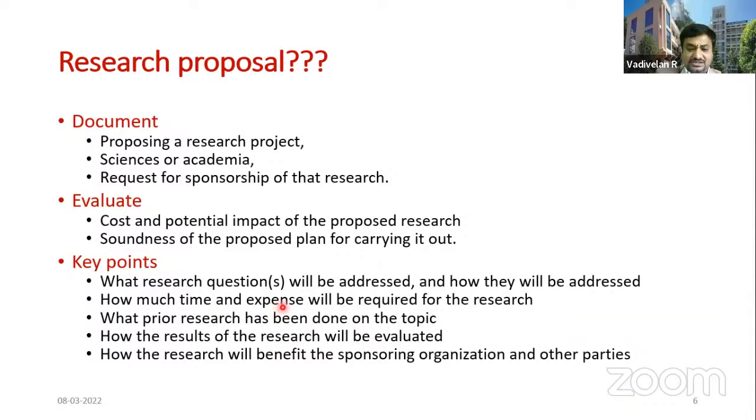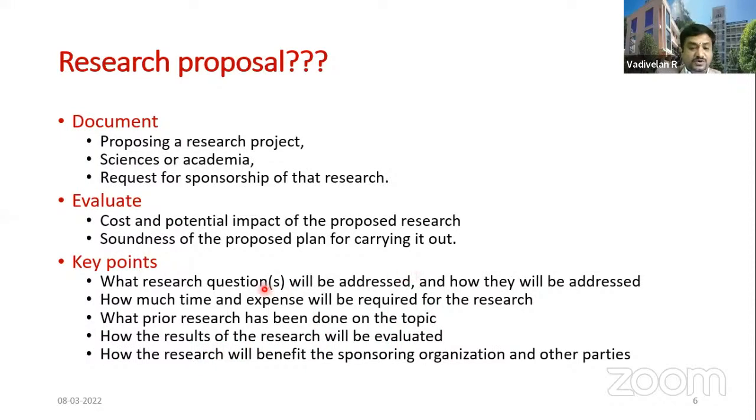The other important thing is the priority given to the research done on the topic. Whether the topic is related to the current scene, whether it is a hot topic or a sustainable topic, or whether it is viable. All those things are also considered important. And how the results of the research will be evaluated.